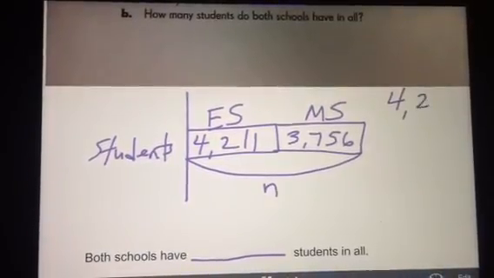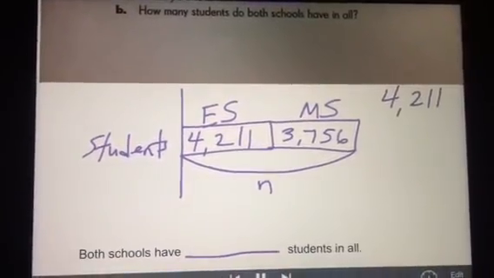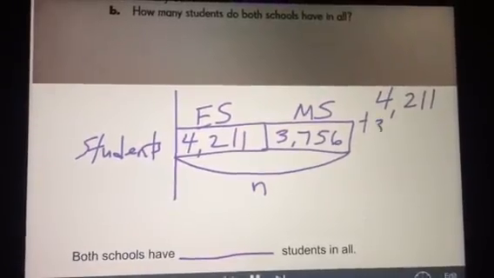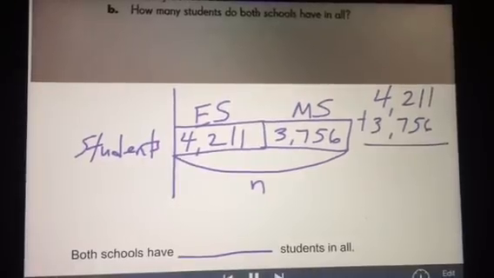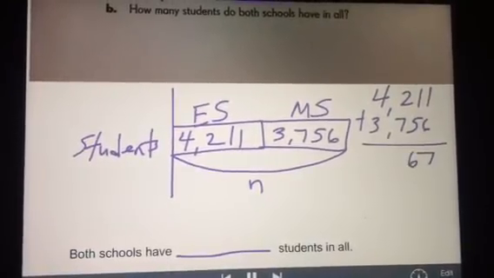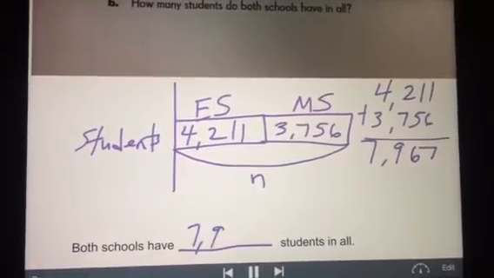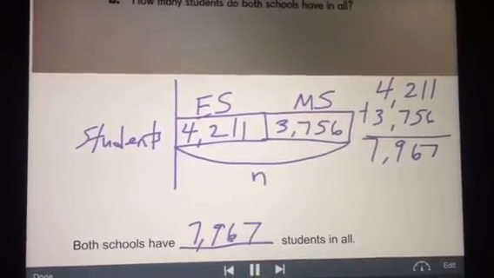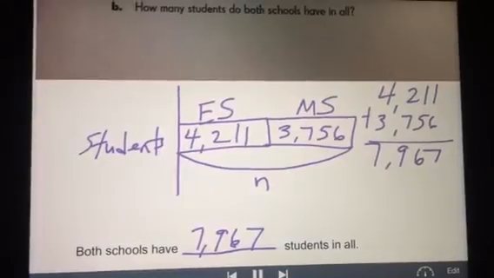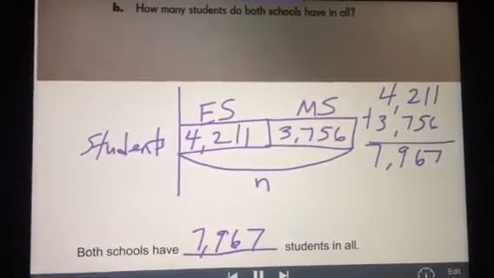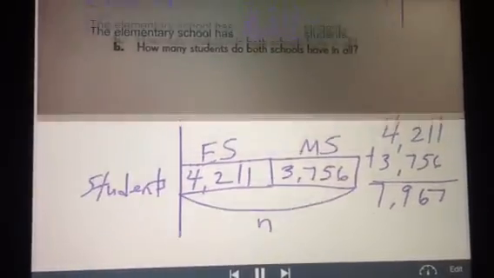Let's add the two numbers together. And the answer is 7,967 students in all.